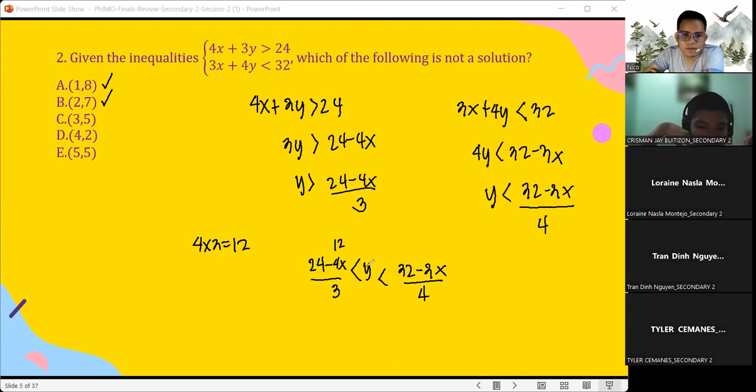Let's double check. For 32 minus 3x, if x is 3, that is 9.